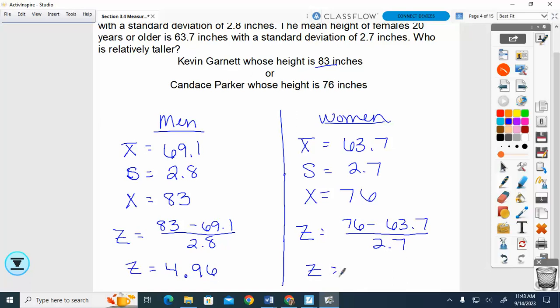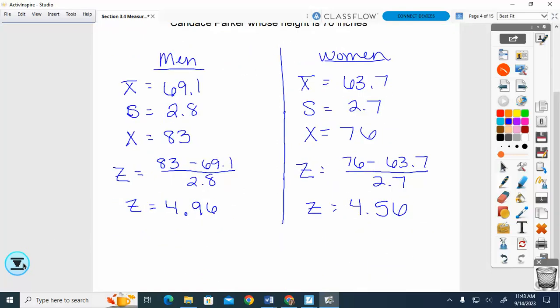Make sure if you're putting these in the calculator, do the 76 minus 63.7 in parentheses. I got 4.56. So it's still very tall for her respective group.